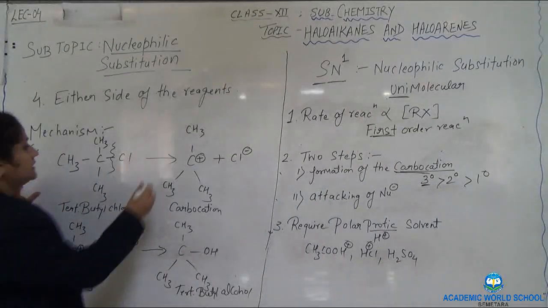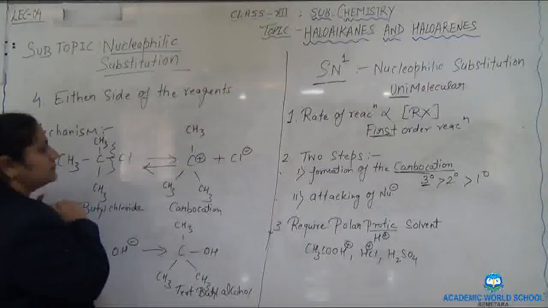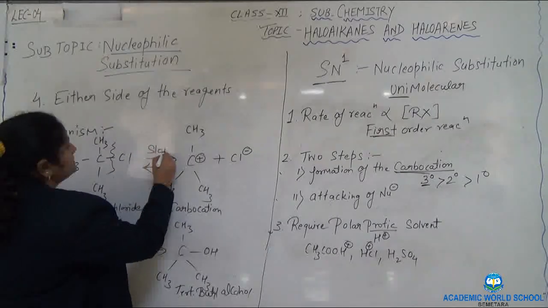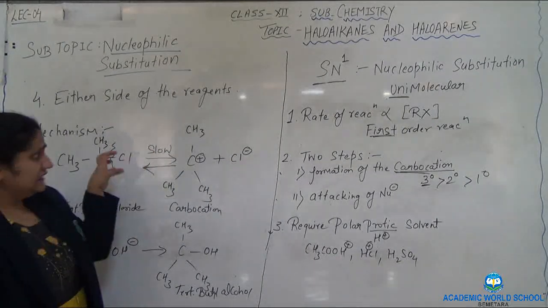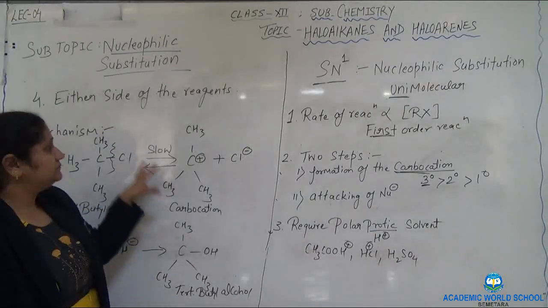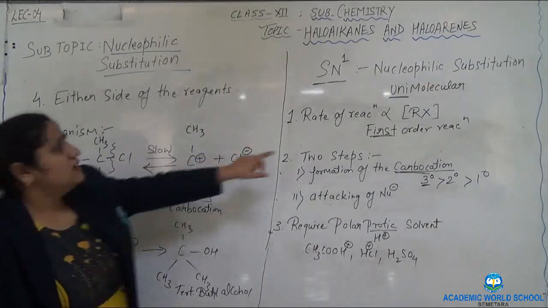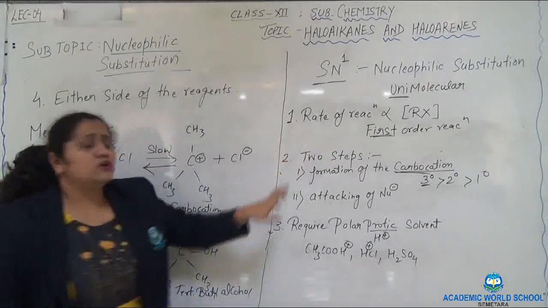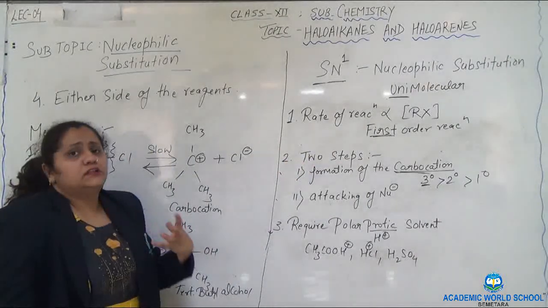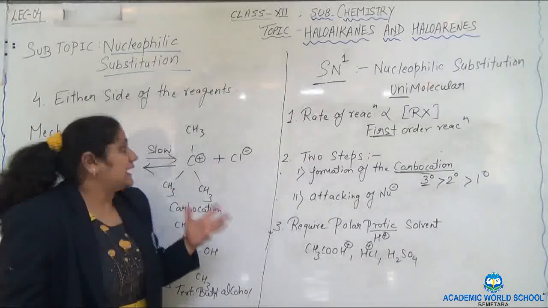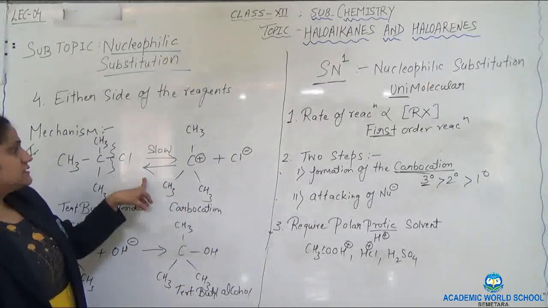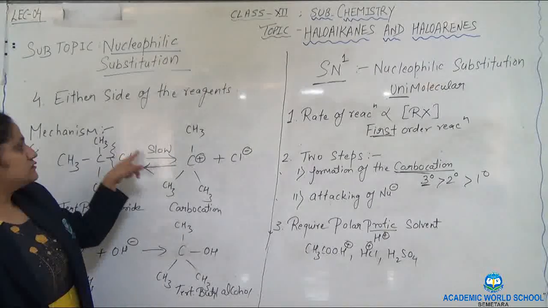The main thing is this reaction is reversible in nature and this is the slow step. This reaction is known for its kinetics, because the slowest step determines the rate of the reaction, we will not calculate the fast reaction mechanism. So this is the first step, reversible and slow.